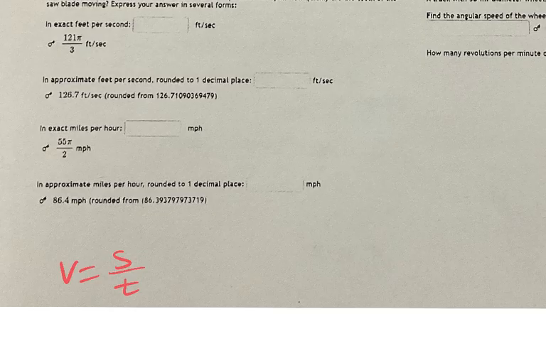So instead of saying S, we could say S equals theta times the radius. Do you remember that from arc length before? So I just substituted that in. So I'm looking for theta times the radius over T.